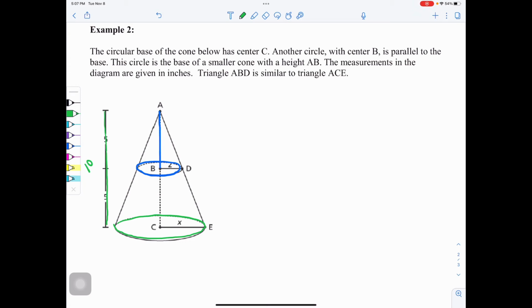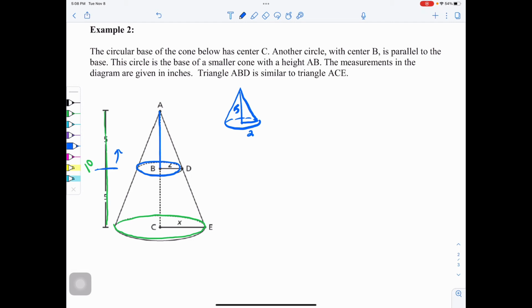So my first suggestion here would be to actually draw a little sketch of each of these cones separately. So if you look at the top, we have the blue cone, to the best of my ability. We have a radius of 2. And according to the side, we have a height, which would be from here and up, of 5.